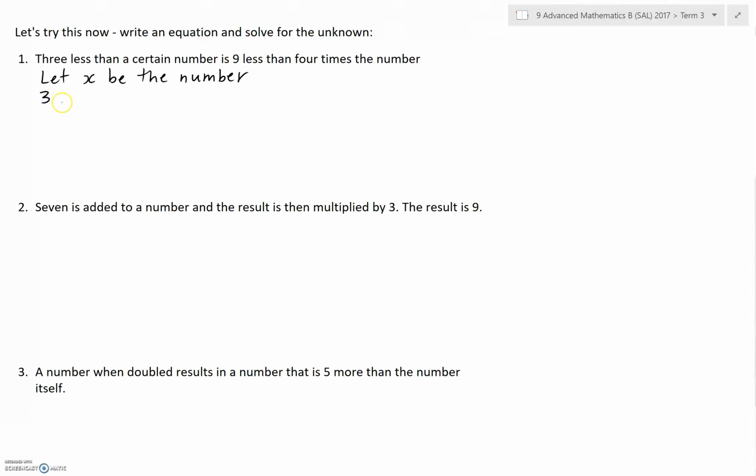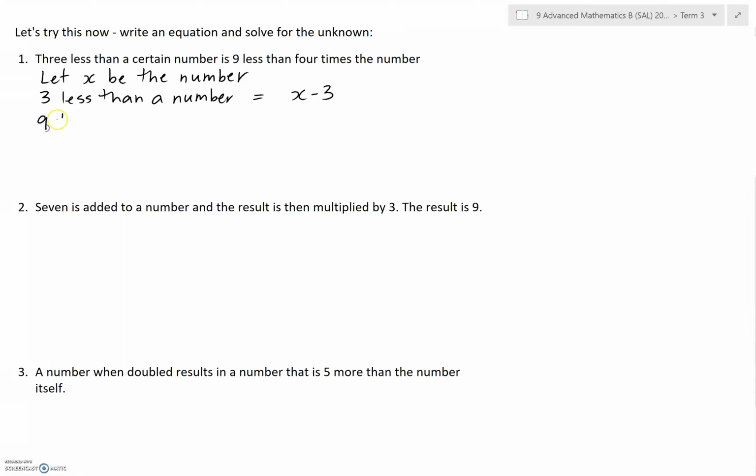So the part of the equation that says 3 less than a number, we can use together with that variable we've defined to write an expression. So in this case, the number is x, and we want 3 less than that. So we would take 3 away. So x minus 3 is exactly the same as saying 3 less than a particular number that we've defined as x.